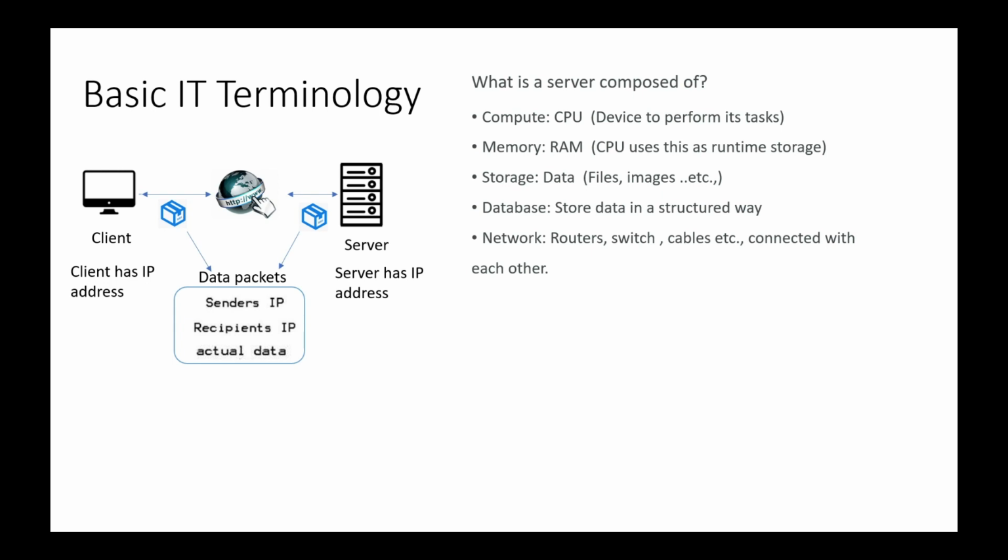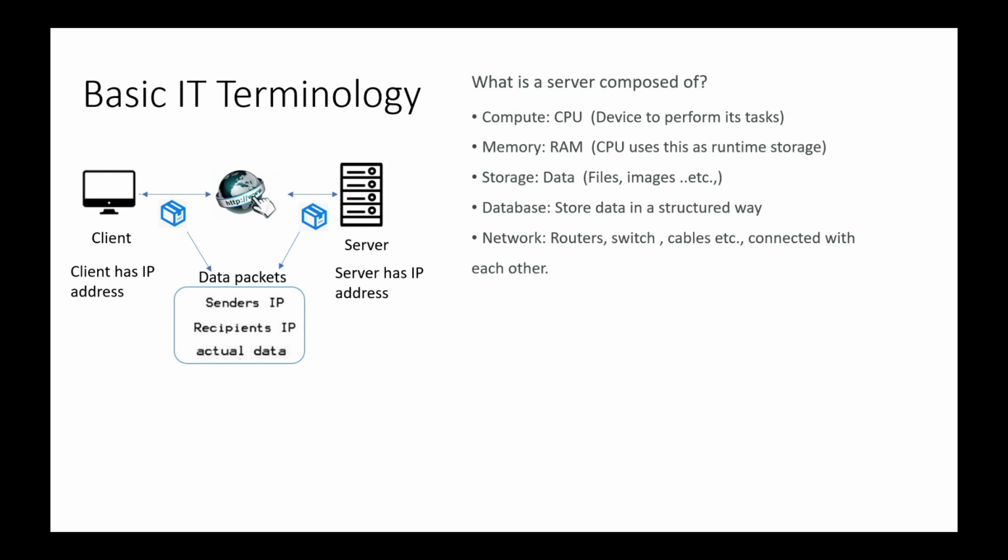That storage is RAM. For example, if you are processing an image, it has to be loaded into the RAM, or runtime memory, or runtime storage, which are the same thing. Only then can the CPU process it. So the CPU uses the RAM as runtime storage.